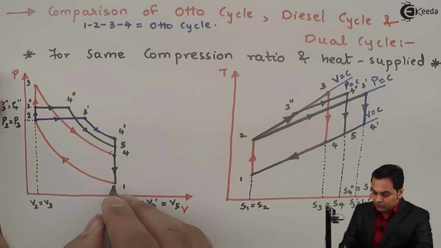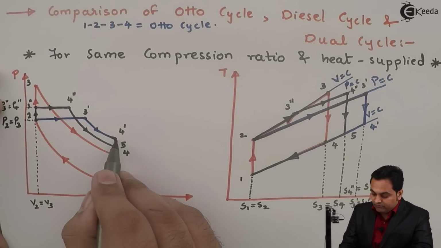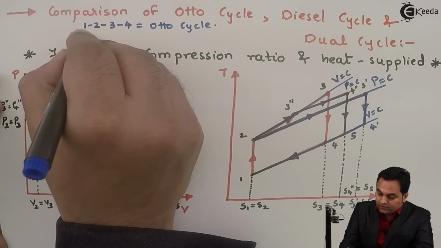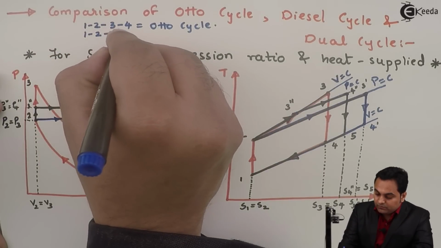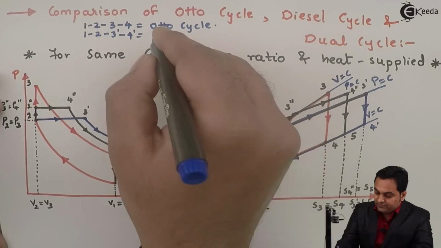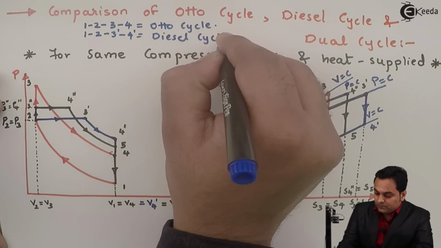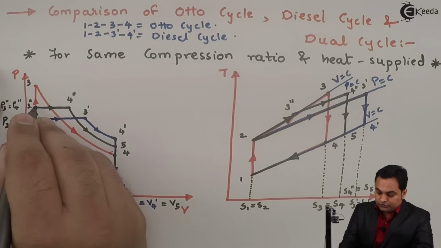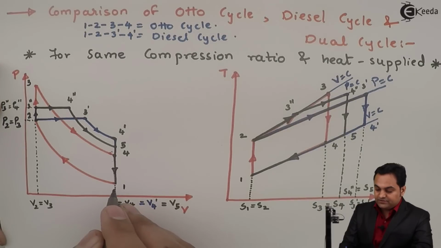Next 1, 2, 3 dash, 4 dash and 1 represents diesel cycle. And at last 1, 2, 3 double dash, 4 double dash, 5 and 1, that represents the dual cycle.